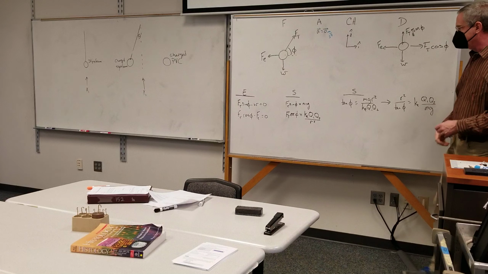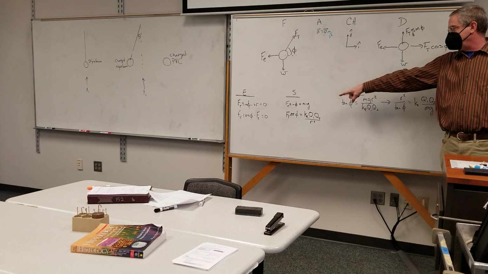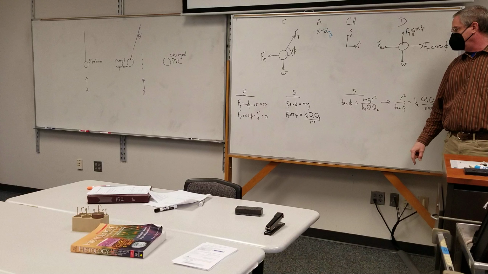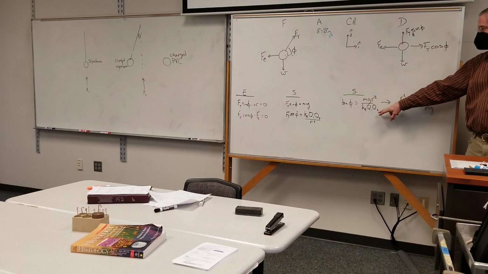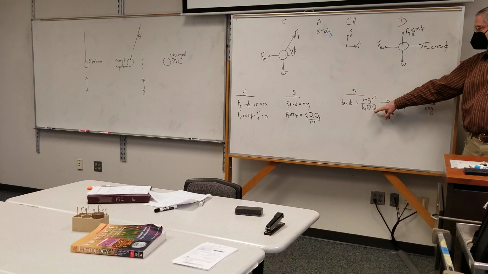And then comes solving it. If we divide this equation by that equation, so we divide the left-hand sides and divide the right-hand sides, we get sine phi over cosine phi, which is tan of phi, and then m g r squared over k q1 q2.